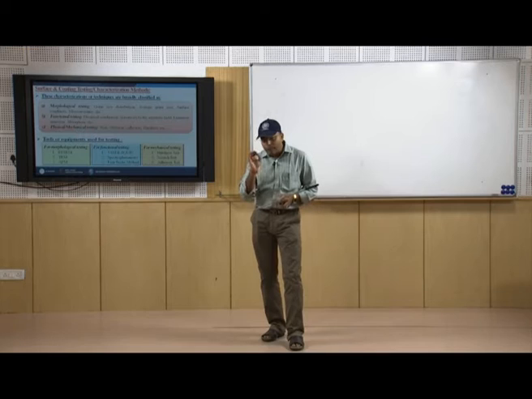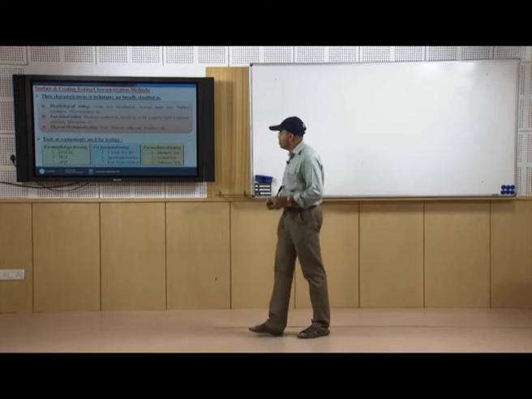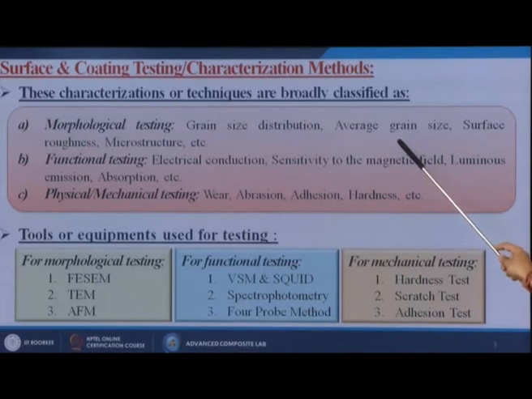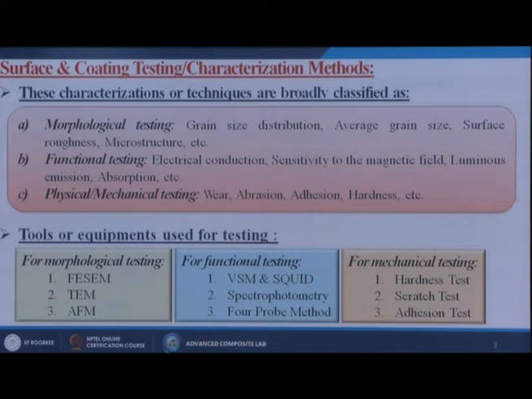If we use nanoparticles in the micrometer size, they will give some properties, but if the same nanoparticle is in the nanometer range, it will give other properties, maybe enhanced properties in terms of optical, mechanical, thermal, etc. So, grain size is the main factor here. Then we can talk about the surface roughness and the microstructure of that material.